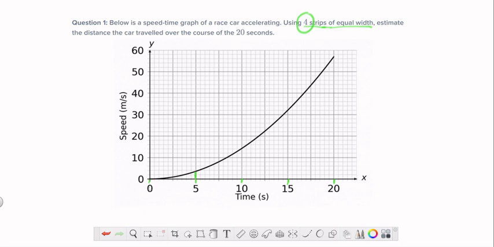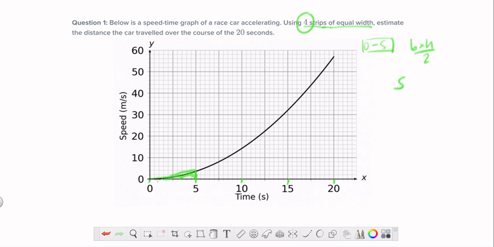Right, so from 0 to 5, if I just draw a shape underneath it, I can see there's a triangle there. I'm going to work out the area of that triangle. So let me just label it from 0 to 5. All right, I'm showing the examiner what I'm doing. Between 0 and 5, it's a triangle, so it's base times height divided by 2. The base is 5.